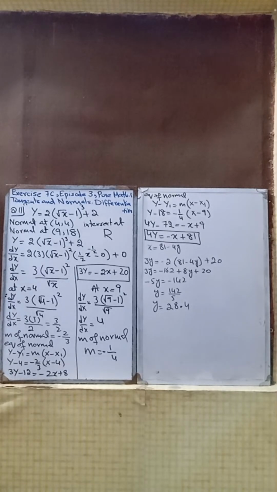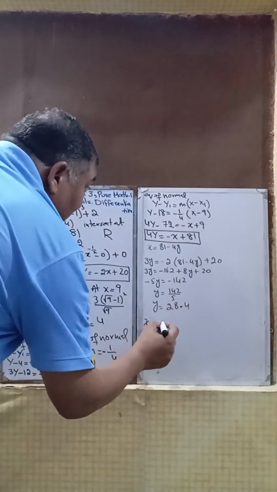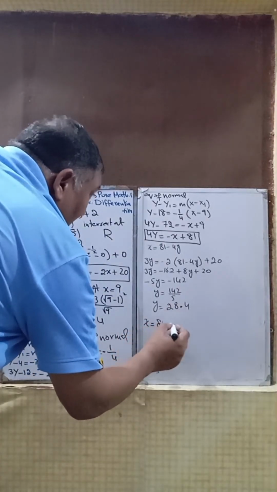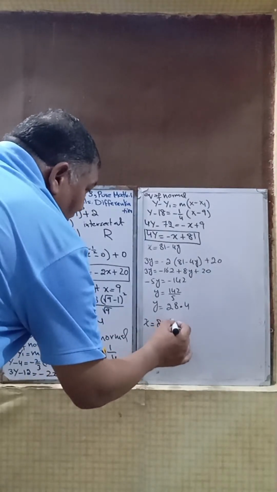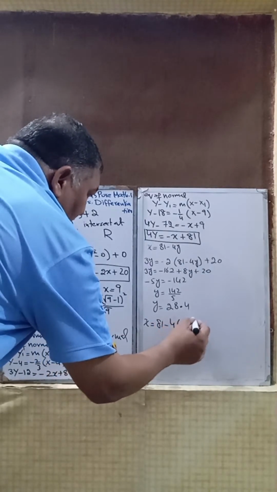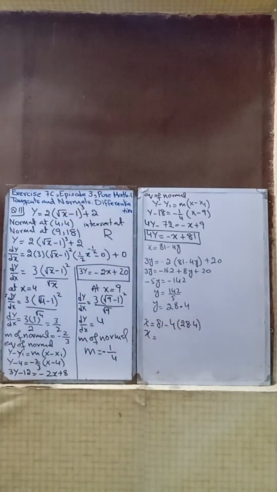Then we will have to find out the value of the x. So I will put this y value into this x equation, okay? x equals 81 minus 4y. y is 28.4. So this will become 81.